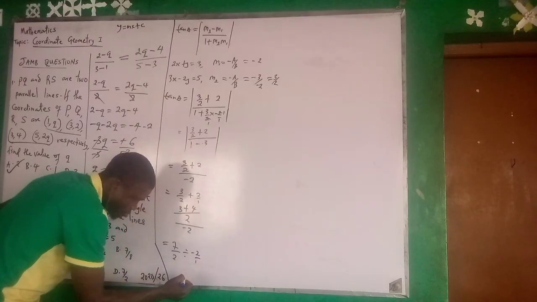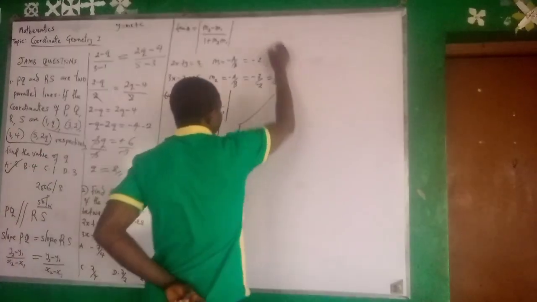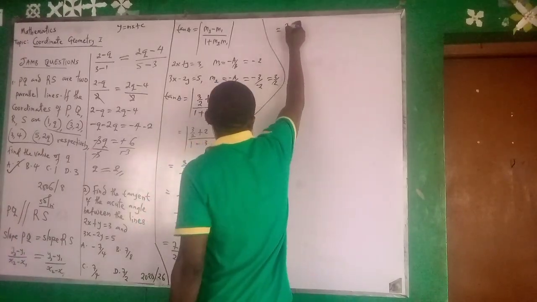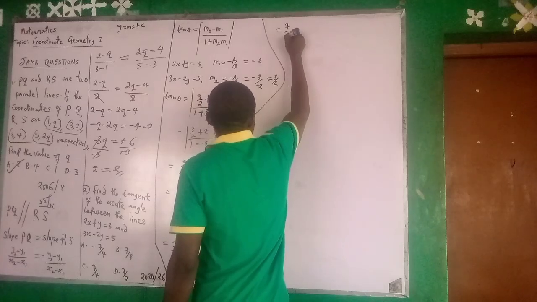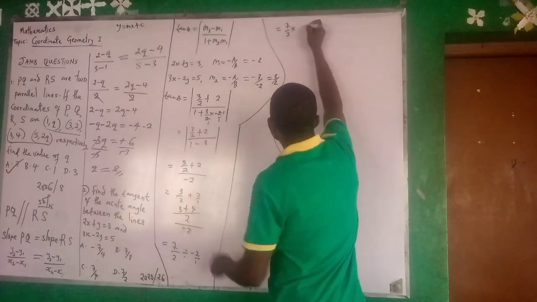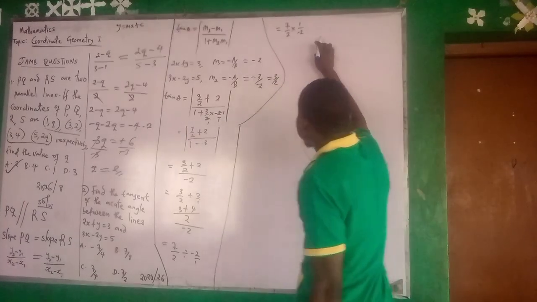Are you following me? And that will give me 7 over 2. I want to change division to times: 1 will go up and minus 2 will come down, right?